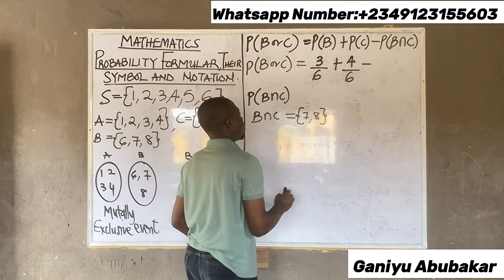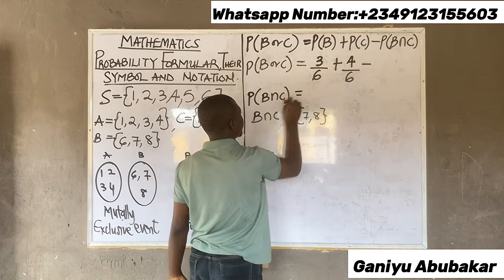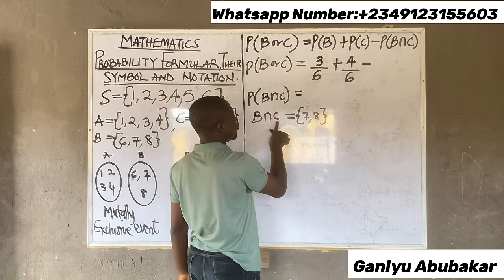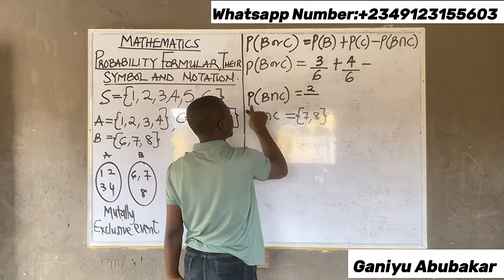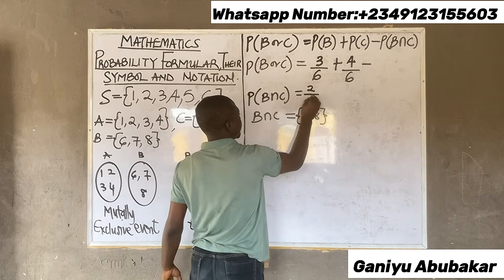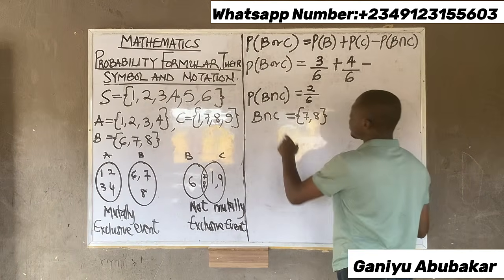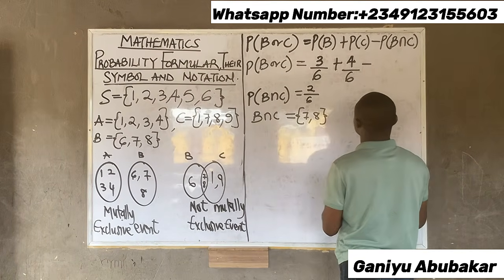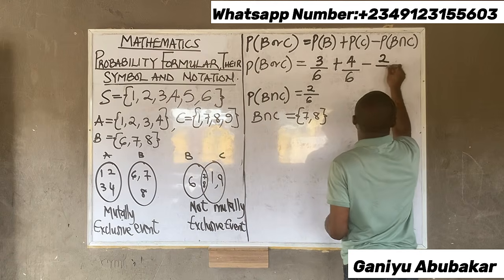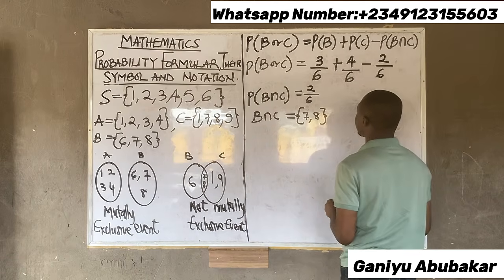So the probability now becomes, how many is B intersection C? 1, 2. There are 2. That gives you 2 over the total, which is 6. So the probability that B and C will occur is 2 out of 6. So I'll put 2 over 6. Are we good, guys?